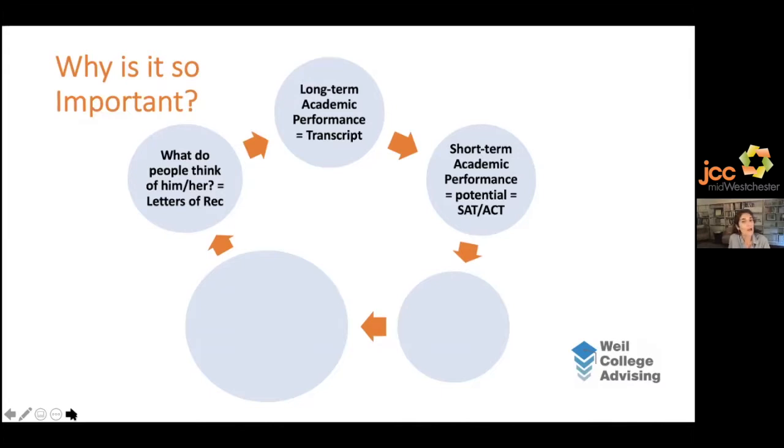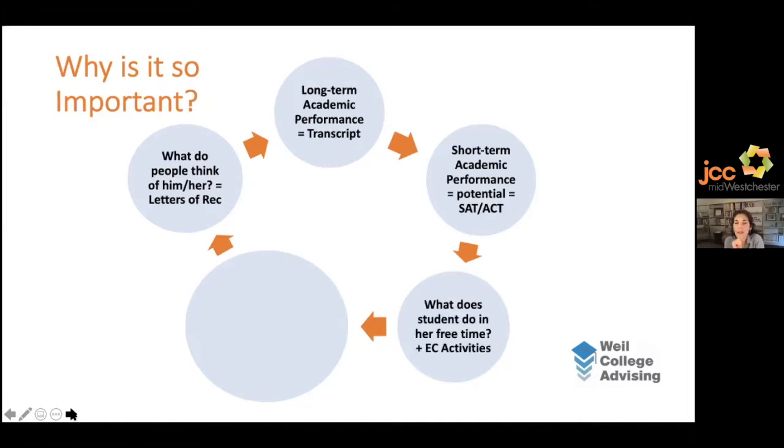There's a lot of controversy nowadays about the SAT and the ACT and what kind of information they provide to the colleges. This is not a topic for today. The SAT and ACT will always be viewed compared to the academic performance, the transcript. So, for another day.